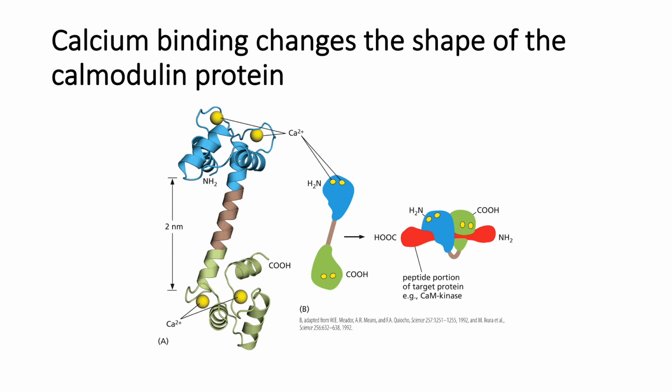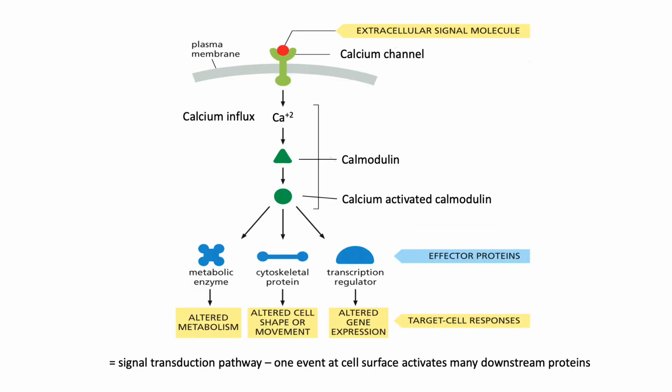So here's kind of an overall view of this. Here we show at the top the cell membrane, the plasma membrane, with a calcium ion channel. And this particular channel would be a ligand-gated channel, so it's showing an extracellular signaling molecule binding to the calcium channel, which opens up that channel and allows the free flow of calcium into the cell.